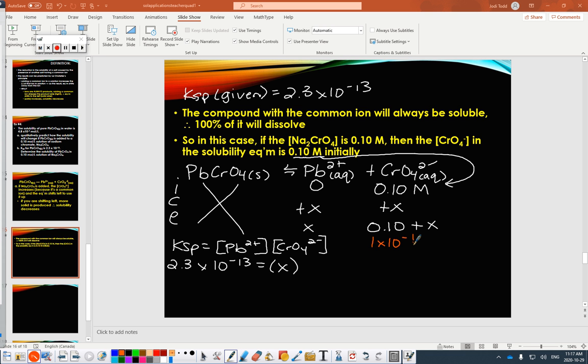If you divided them, you would get 4.3 times 10 to the negative 11. So basically, we just want the concentration to be 100 times bigger than the KSP, or 2 decimal places.